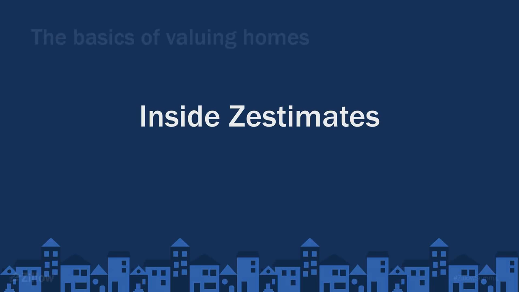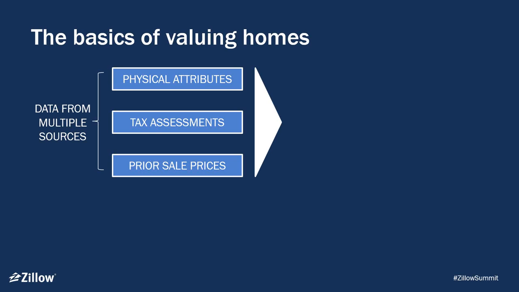We have the physical attributes of a home, so beds, baths, square footage, as well as all previous tax-assessed valuations. That enables us to look into the past and see how homes compare, and it's also another reflection of value. And the linchpin, the really key part about our database, is all the prior sale prices. Because what is a home worth? Well, it's worth what someone's willing to pay for it. So those are great signals of value.